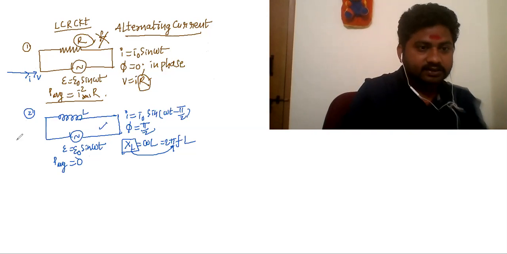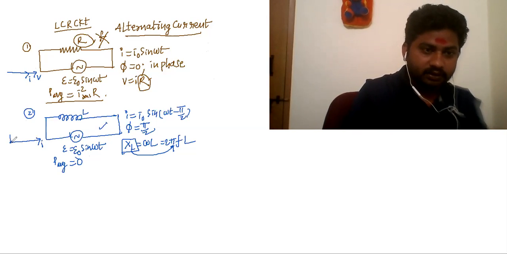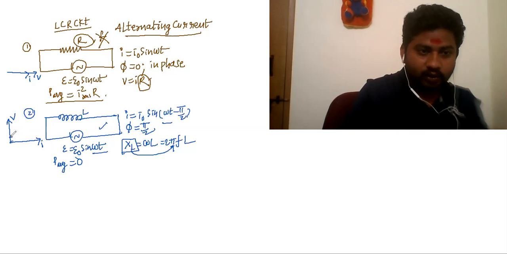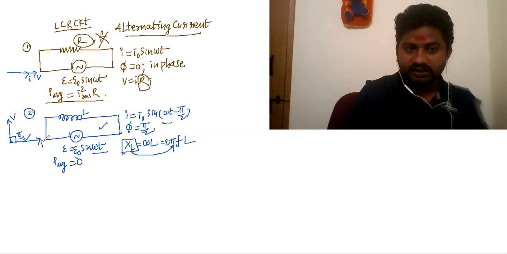In this case, let me draw the phasor diagram. If this is I, and this will be V. See here, the current is lagging. Always the current is lagging. I can say the current is below the voltage. So this is voltage and this is current.